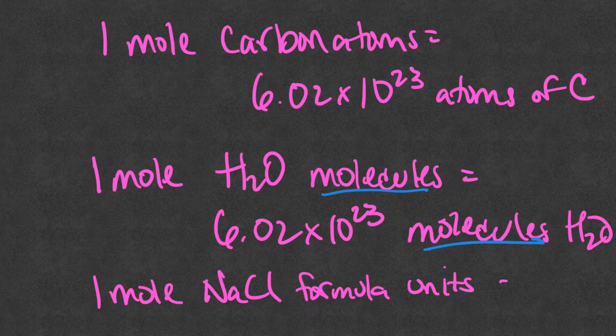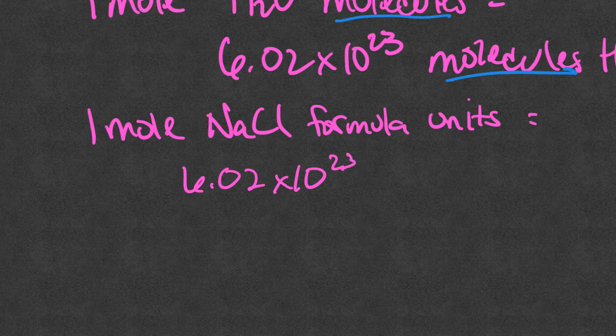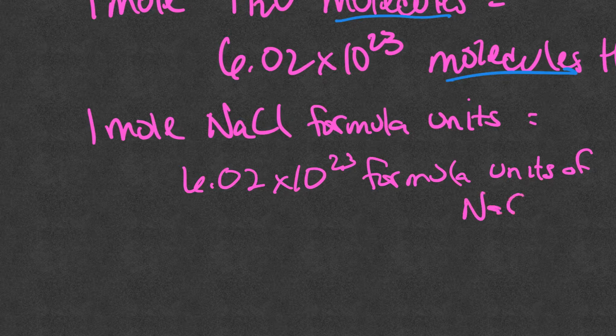So in this case, if we have 1 mole of NaCl formula units, basically we have 6.02 times 10 to the 23rd formula units of NaCl. The point, as I'm stressing, is that if you have 1 mole of any substance, you have 6.02 times 10 to the 23 of it.